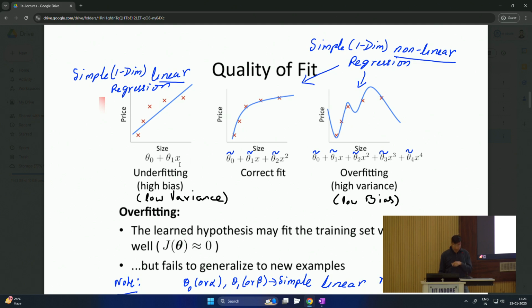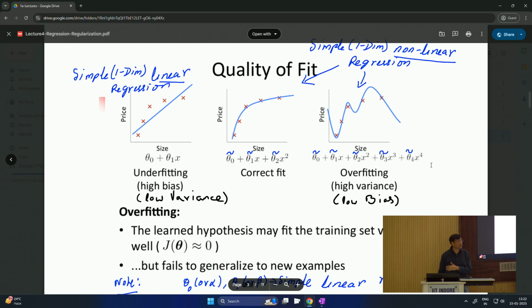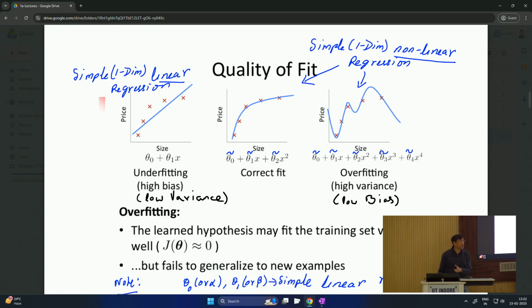Instead of making this n-dimensional with theta naught, theta 1, theta 2 as in multiple linear regression, where the power of x was still 1 and the dimensions of x were changing, x1 to xd, here the degree of x is changing. So this is a quadratic function, this is a quartic function. I have put tildes on them so that you don't confuse them with the earlier thetas. Is everybody okay? All right.